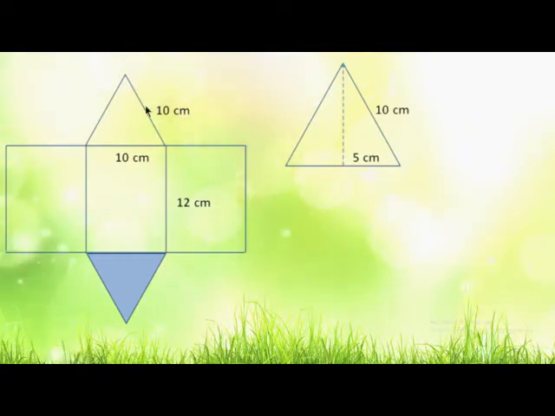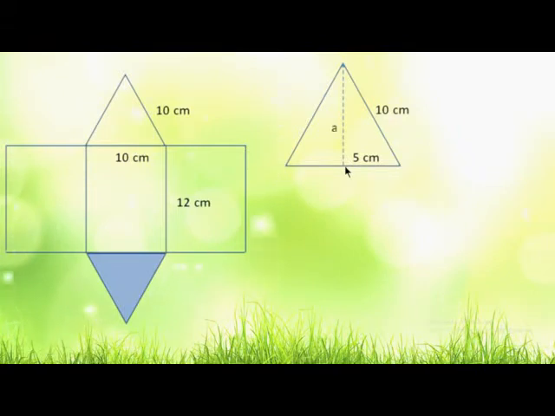So let's break it down. Let's discuss the triangle first. This triangle is from this triangle. We know that this is an isosceles triangle, which means each side is 10. So, in order to find the area of this triangle, we have to know the height.